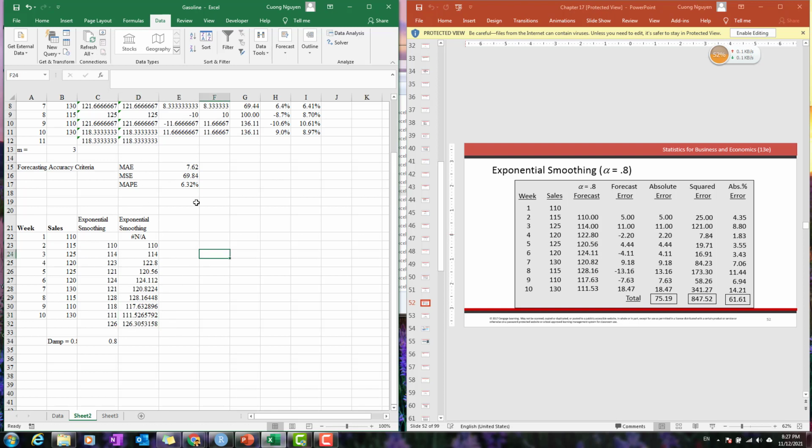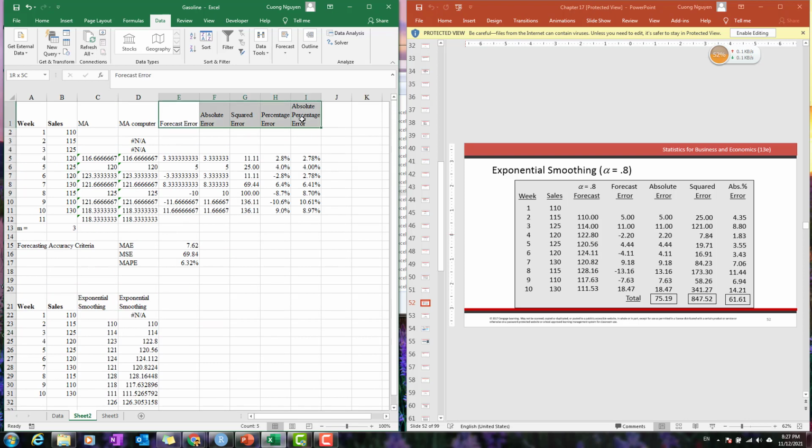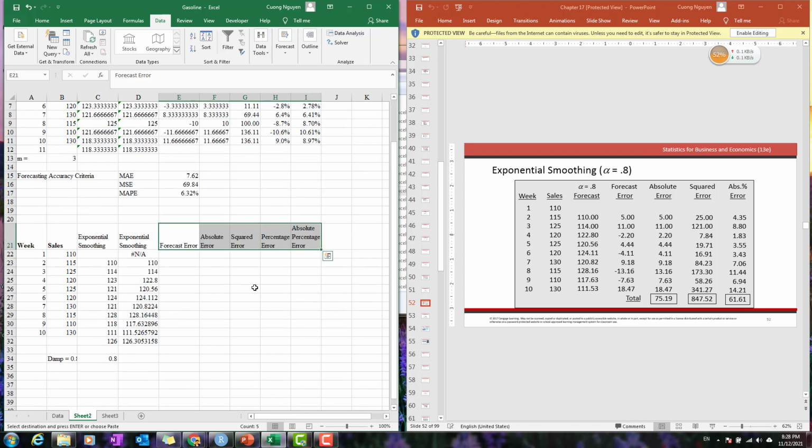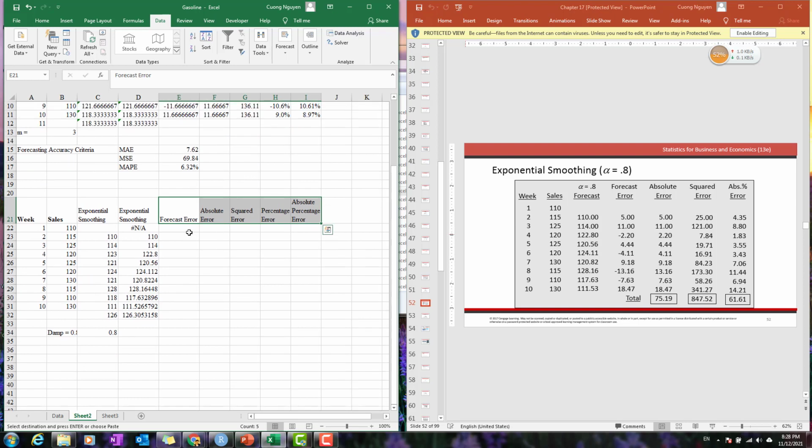And one more time, I can easily do all the forecasting based on the criteria of the MAE, MSE, and MAPE. Okay, so I will do it very quick. Just do the forecasting error, right? And this will be how it looks. Okay, absolute error based on the forecast error, right?